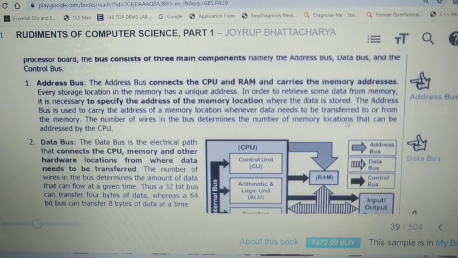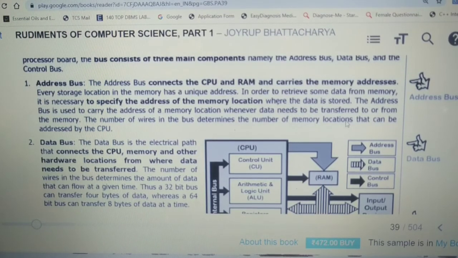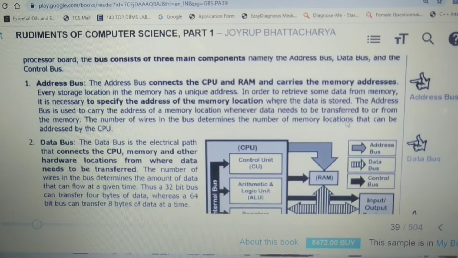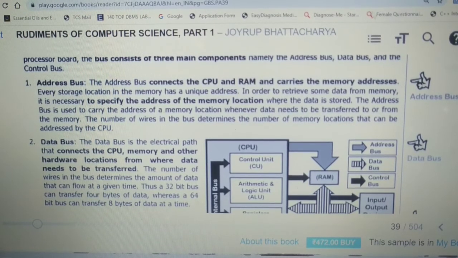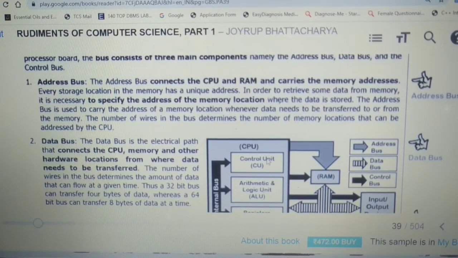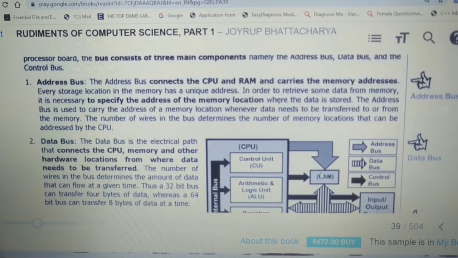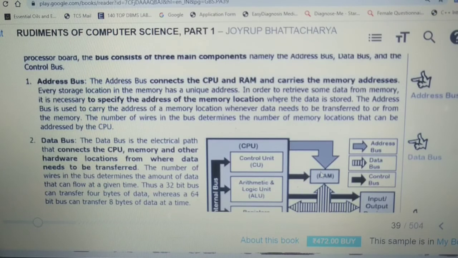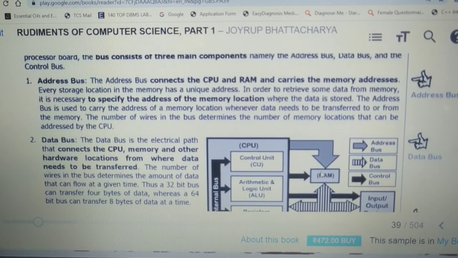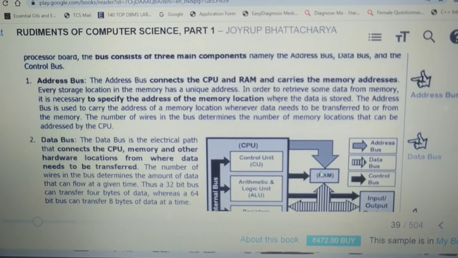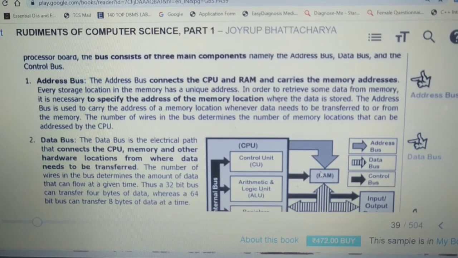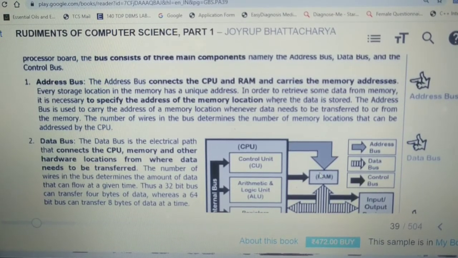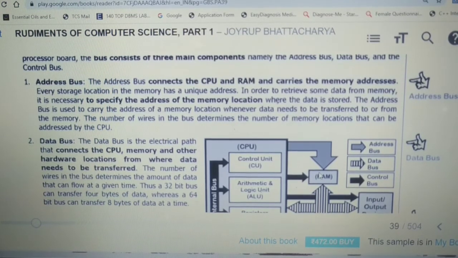So what is the address bus? The address bus connects the CPU and the RAM. It carries the address of the memory location where data needs to be transferred, or from where it is taken, or where you have to load it into the memory.